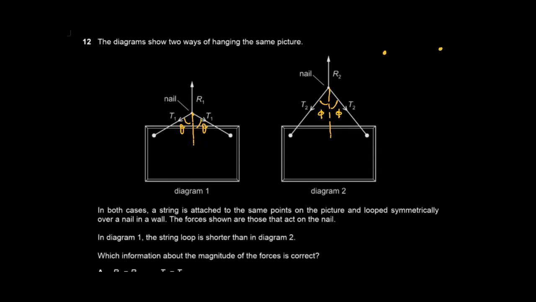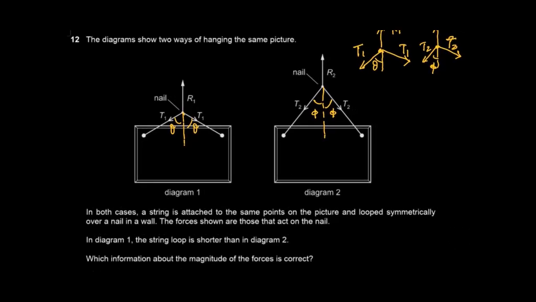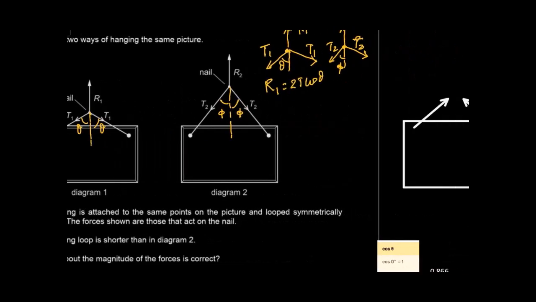The nail is in equilibrium, so we can draw all the forces acting on the nail. This is r1 and this is angle theta, this is angle phi. So for diagram 1, we can write r1 is equal to 2 T1 cos theta.